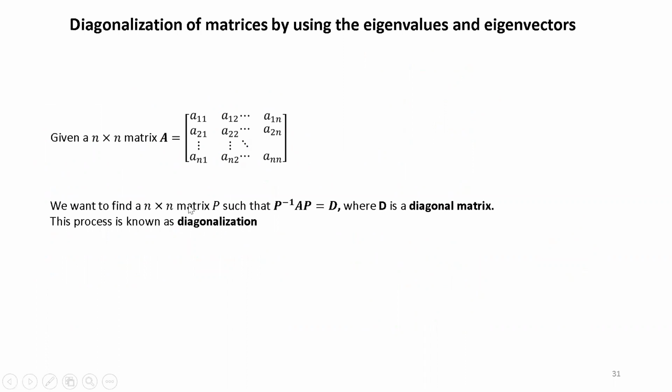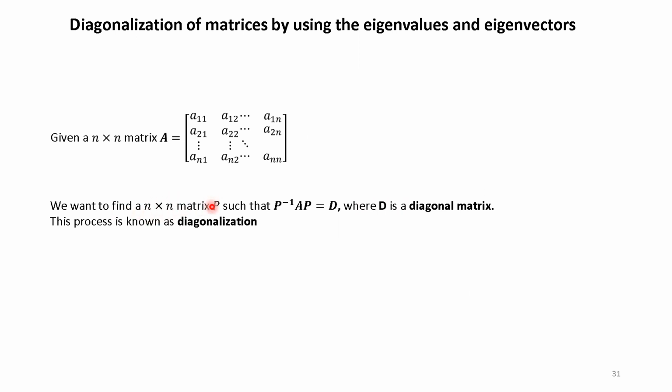So what it means is the following. I give you a square matrix, an n by n matrix, and I want to find another matrix, which is also n by n.